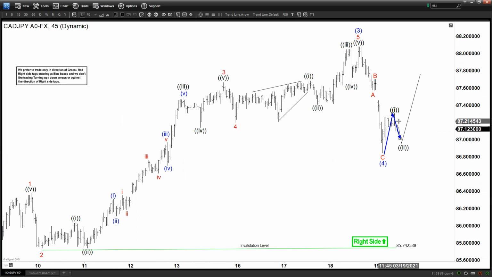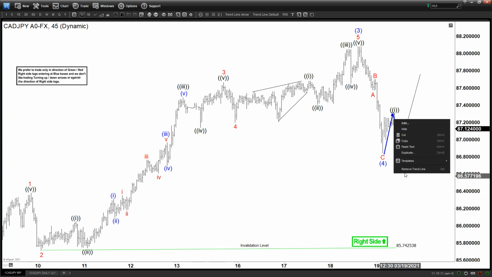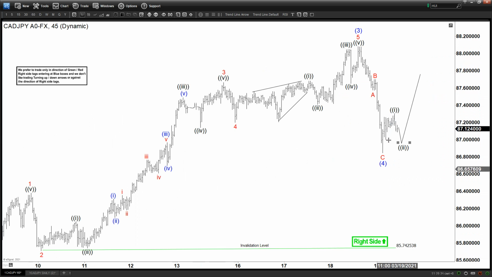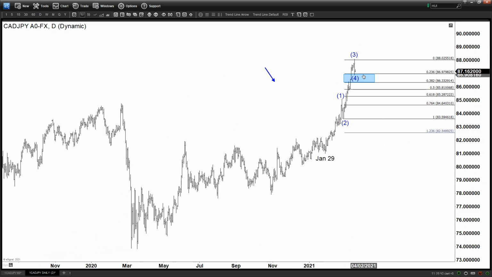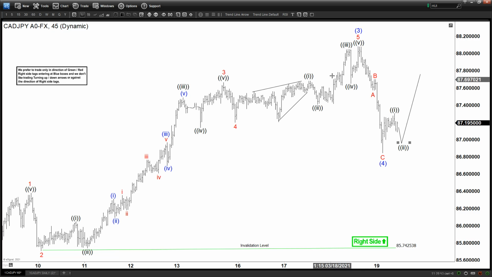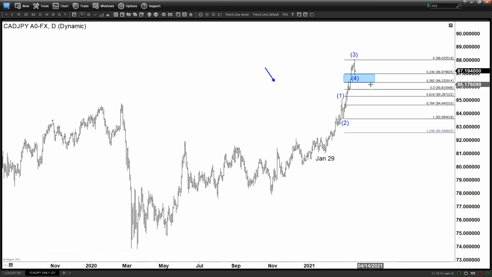Okay, so bottom line is that this has the possibility to extend higher, and this has enough target to finish the wave 4, because again it hits the 23.6. But can it do a deeper correction? The answer is yes. Until we break above 3, we could be doing a bigger correction like a WXY, maybe going to the 38.2% retracement next, around 86.3, before the pair can have a chance to go up again.